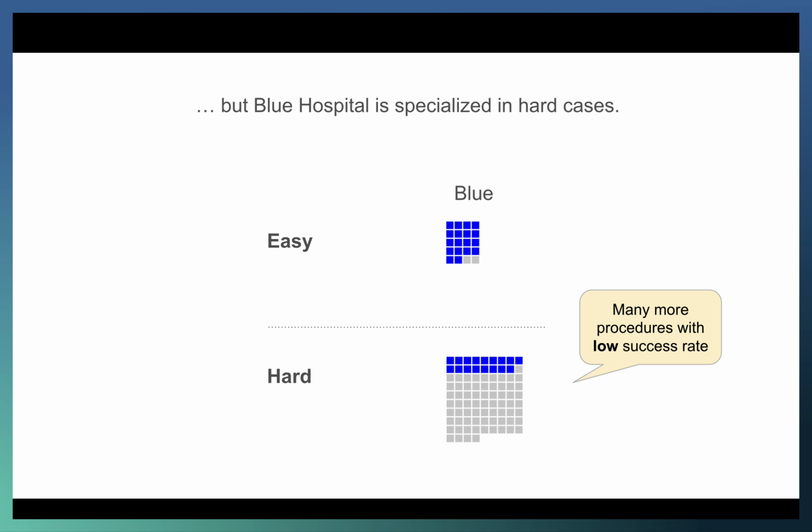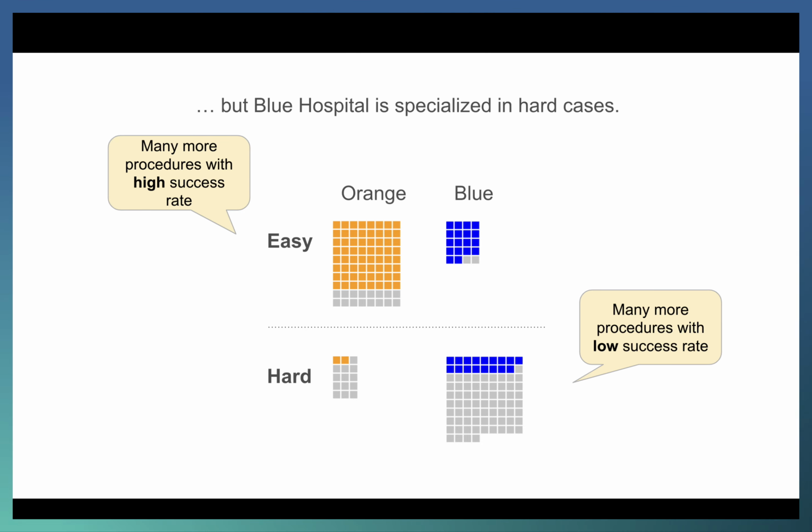But when we look at the orange hospital, not only do we have the same trend, but we also see that when we do the comparison between orange and blue, orange always has a worse outcome than the blue hospital, both in the easy procedure group and in the hard procedures group.